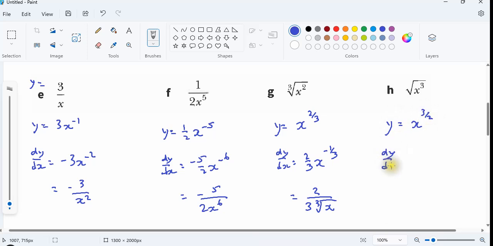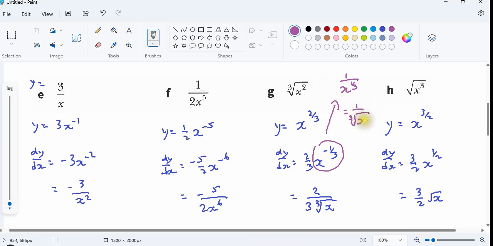Then dy/dx will be 3 over 2 x to the power 1 over 2. Then it's 3 over 2 square root of x. Okay, so for this one, it will become 1 over x to the power of 1 over 3. Then 1 over cube root of x.